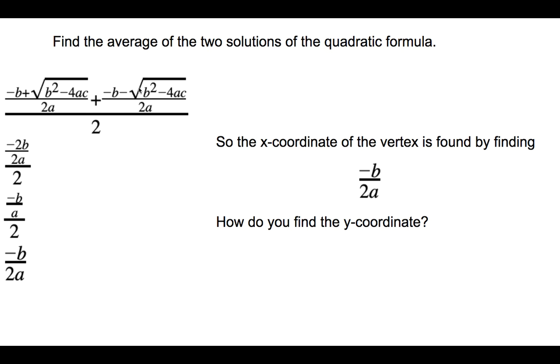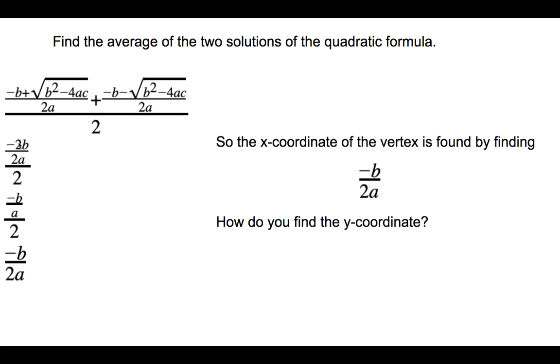Well, the cool thing about adding a positive square root and a negative square root of the same thing is those 2 cancel out, and I'm going to get negative b plus negative b, which is negative 2b. They both have a common denominator, which is really nice, making it really easy to add them together, and that common denominator is 2a, so that stays 2a, and it's still divided by 2. I'm going to reduce this fraction here.